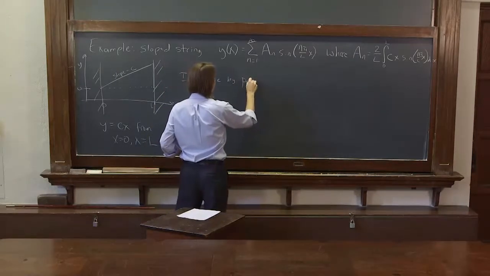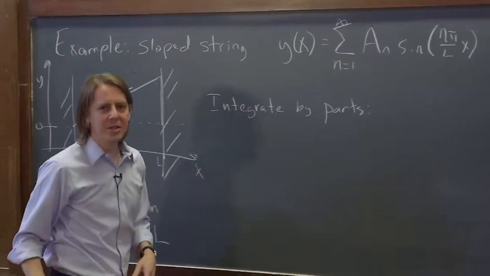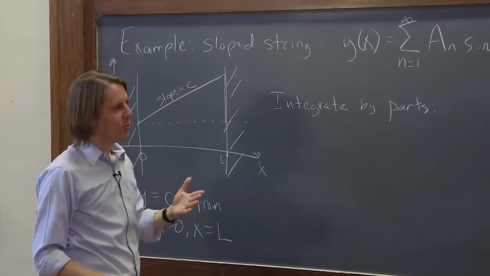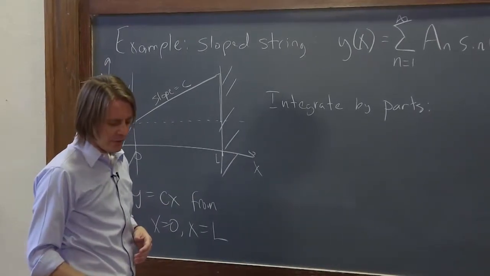This is not a calculus class, but I do remind you of the things you need for common physics problems. And when you're doing a Fourier series like this, you often need to integrate by parts.